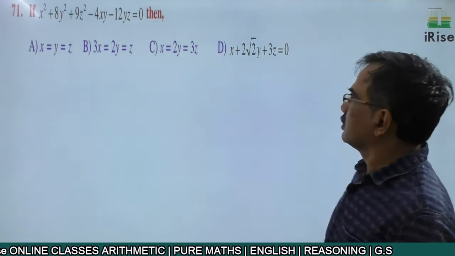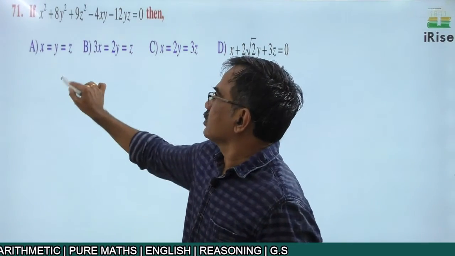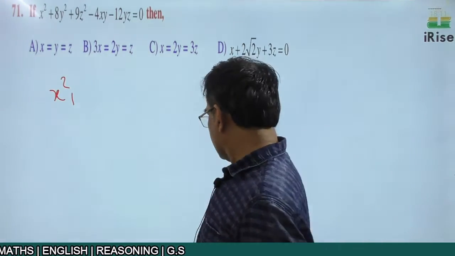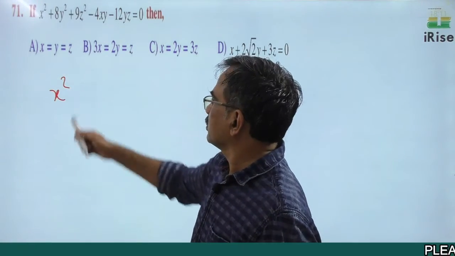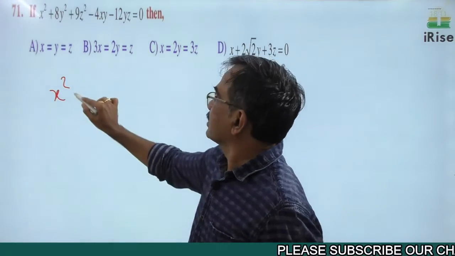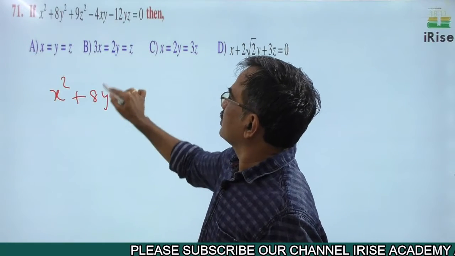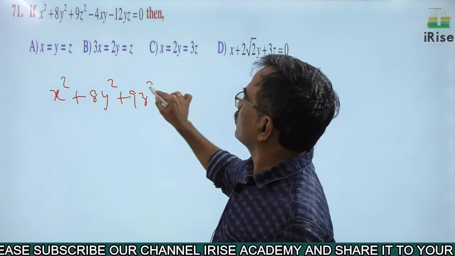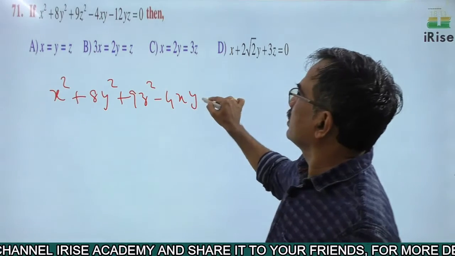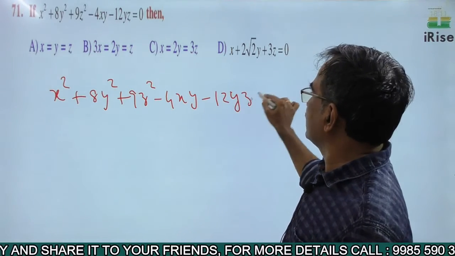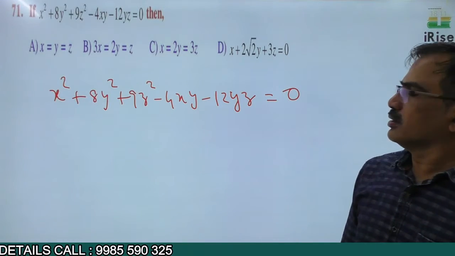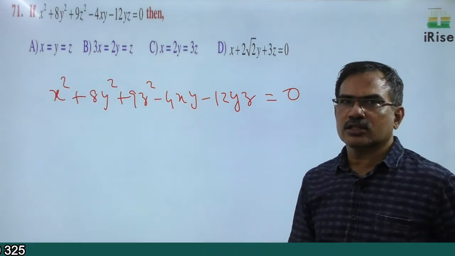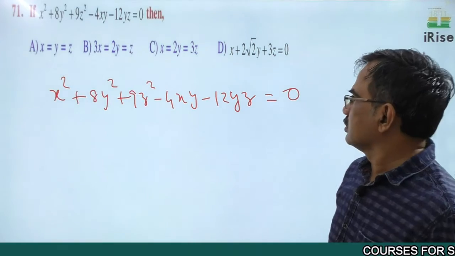Here, x square plus 8y square plus 9z square minus 4xy minus 12yz is equal to 0. This is the given condition. Just rearrange the terms to get the squares.